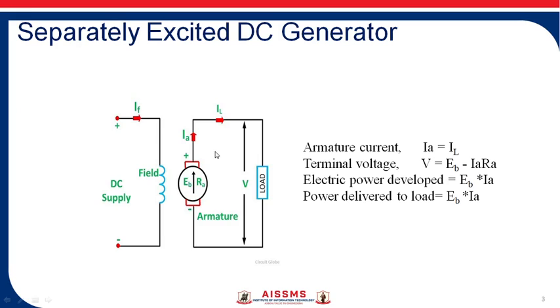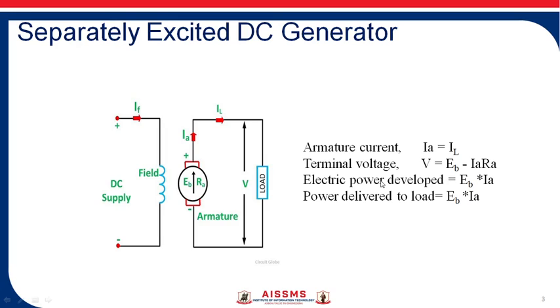So over here we can see in this separately excited DC generator, armature current IA is equal to IL, because the current which is flowing through the armature, the same current is flowing through the load. The terminal voltage which is available across the load is V. That terminal voltage is equal to EB, the EMF induced in the armature, minus the voltage drop that occurs in the armature winding, so that is minus IaRa.